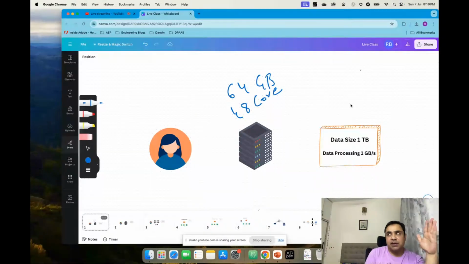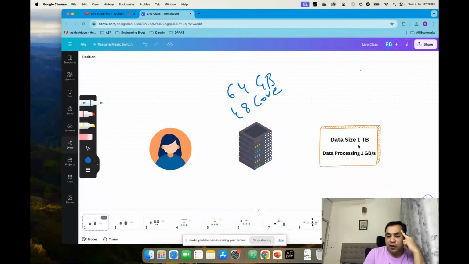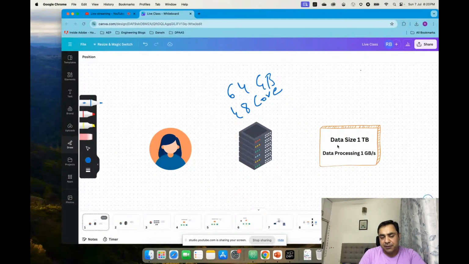When I say 1 gigabyte per second, data processing means whatever distributed framework or logic you are using, or the data is in your disk. We are just taking the example that in 1 second you are only able to process 1 gigabyte of information. Now, if I have to process this 1 terabyte of information, how much time will it take? I'm repeating.